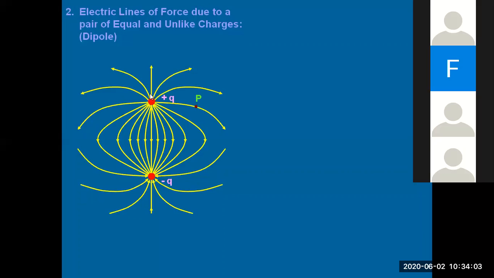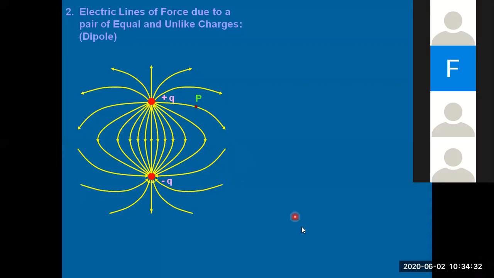I told you for a positive, it should be outwards, and for a negative, it should be inwards. So you can see clearly, the arrow mark here is denoted outside, and the arrow mark here is denoted towards the inner side. So if you take a positive charge, the lines should always be in the outward direction. And if you take a negative charge, it has to flow towards the inward direction.